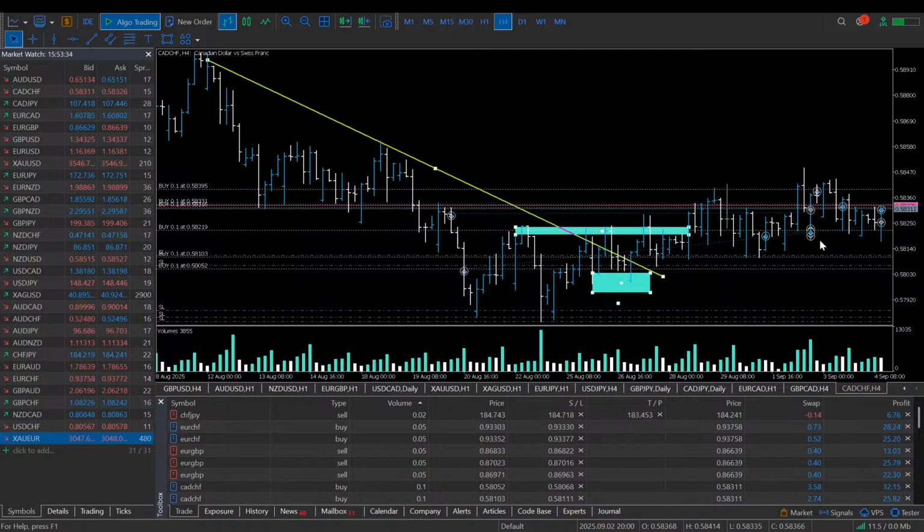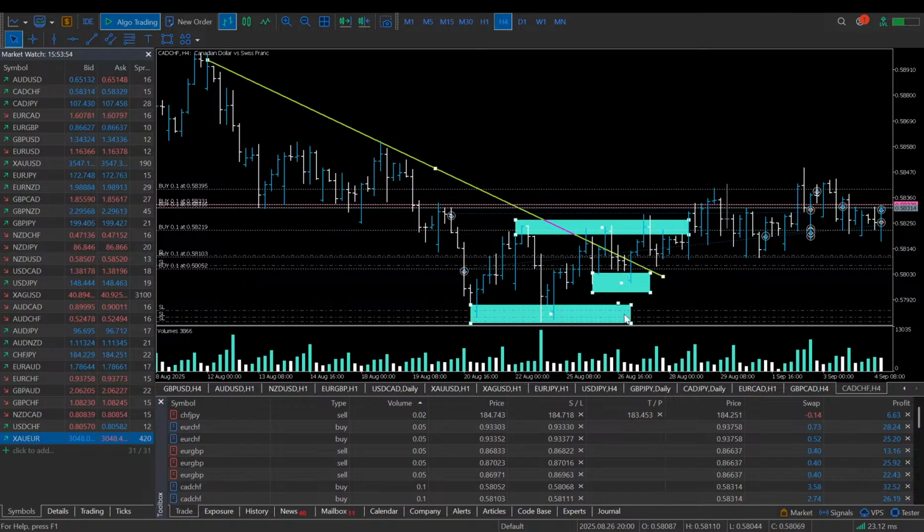It ranged for a while, but as it's ranging, it is multitasking. All pairs have their own characteristics, you see.